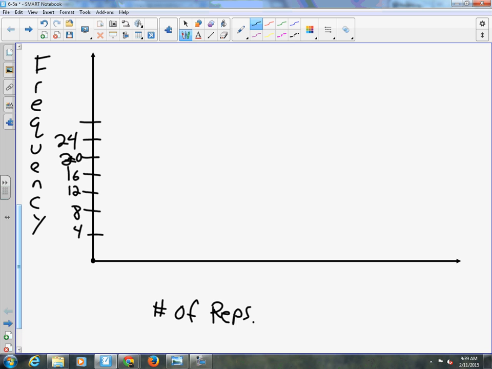If your axis goes 4, 8, 12, 16, 20, 24, and my next number is 50, you would have one bar ending right here at 24 and the next bar ending right there. It looks as if these two bars are really close, almost the same amount, when actually the one on the right is supposed to be double the size. So you cannot do that. Don't do that.